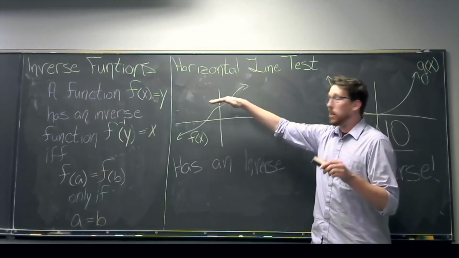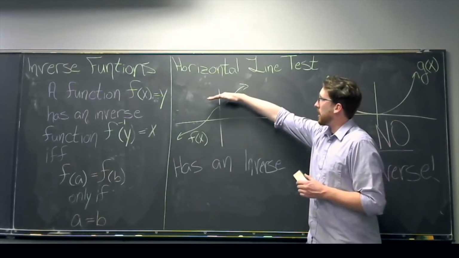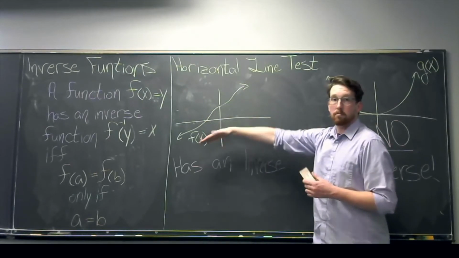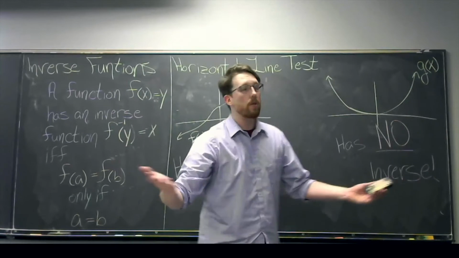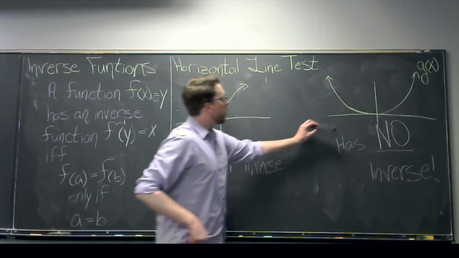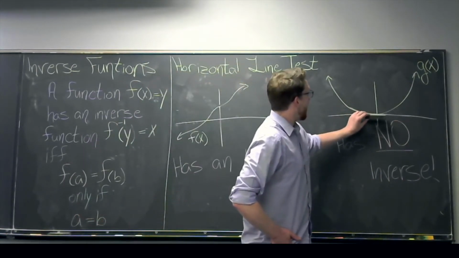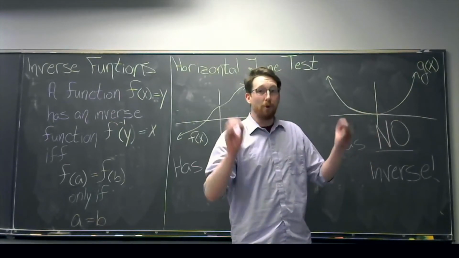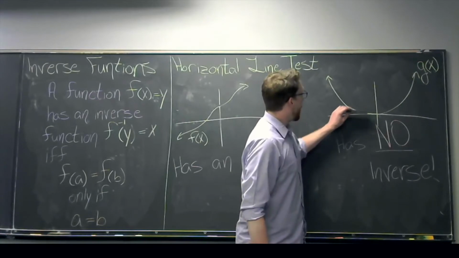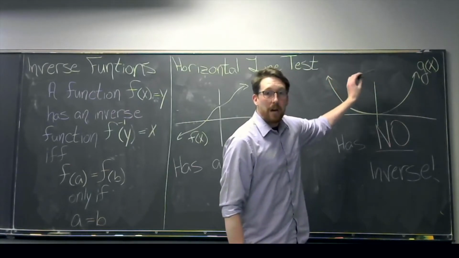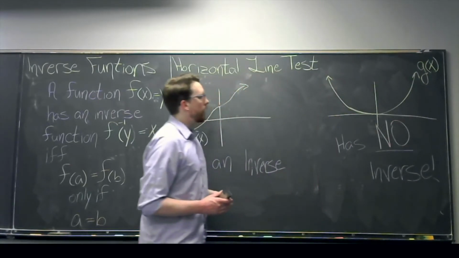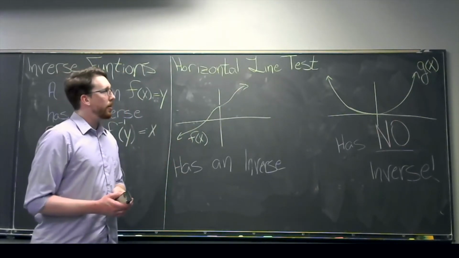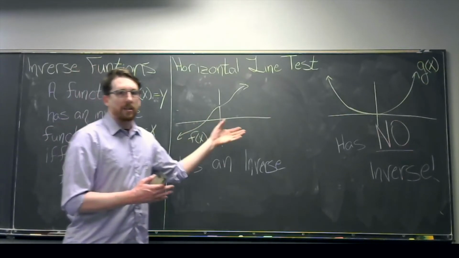And at no point does my horizontal line pass through more than 1 point in our function. So it passes the horizontal line test. But over here, I do the same thing, and other than 0, literally every point above the x-axis fails the horizontal line test. Well, that sucks. So then g of x doesn't have an inverse.